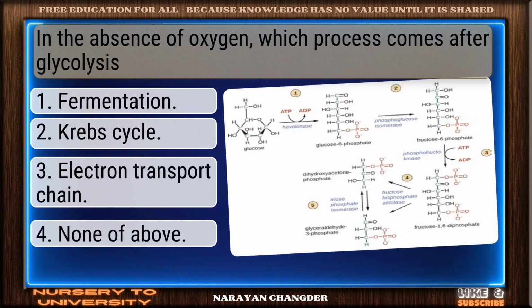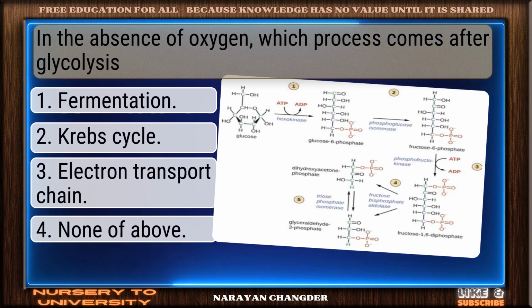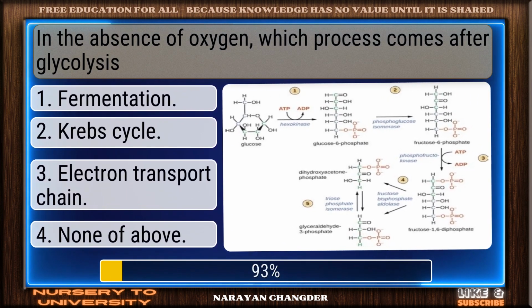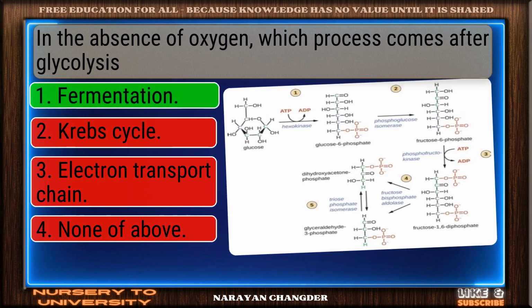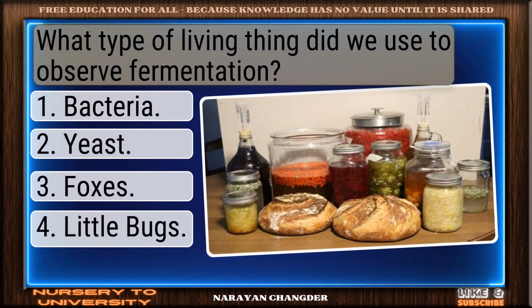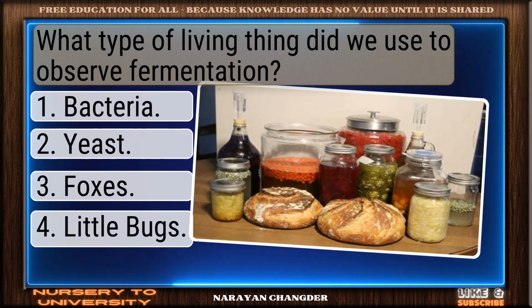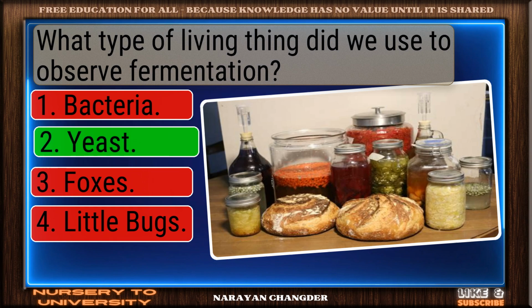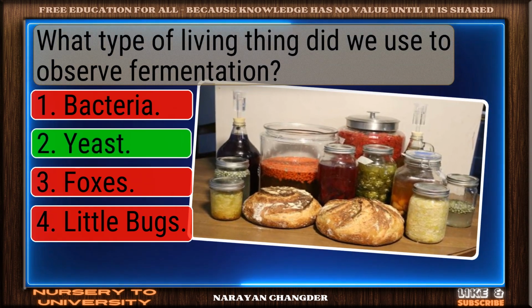In the absence of oxygen, which process comes after glycolysis? Sharp thinking. Fermentation is the right choice. What type of living thing did we use to observe fermentation? Nice selection. Yeast is the correct and valid answer.